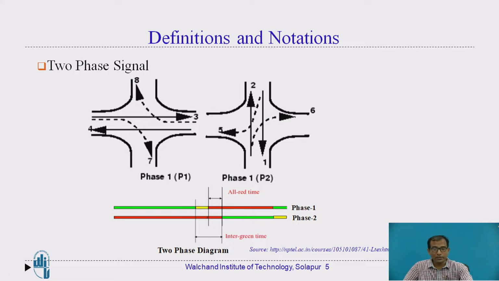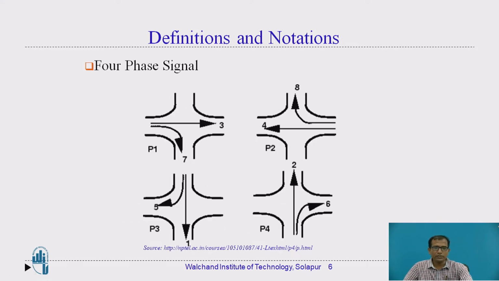It is very difficult if the right turning and left turning movements are in one direction, in one phase, because while taking the turn you can see there is a congestion point or conflict point here. Here is one conflict point, and another conflict point. This has to be decided on the basis of the geometry of the intersection, how much area is available, and what the traffic intensity is. On this basis, the number of phases is decided.